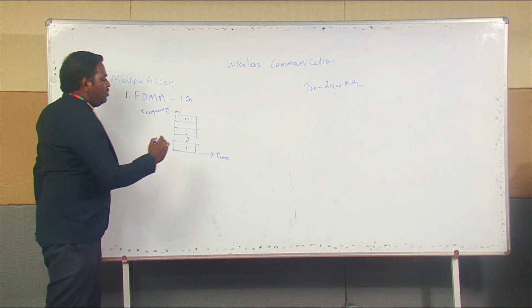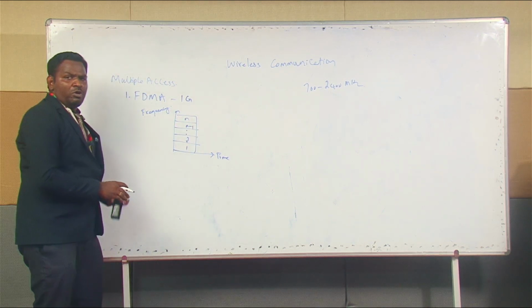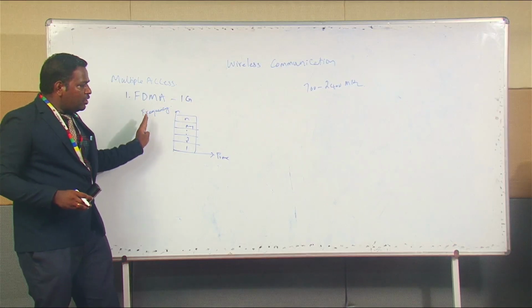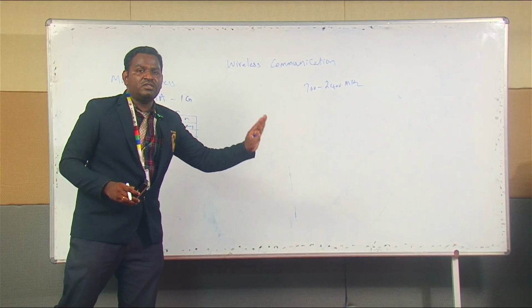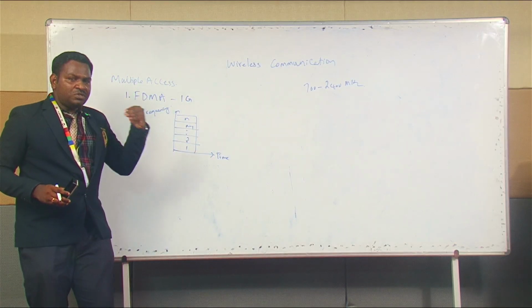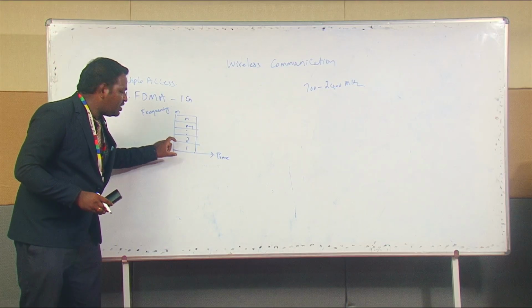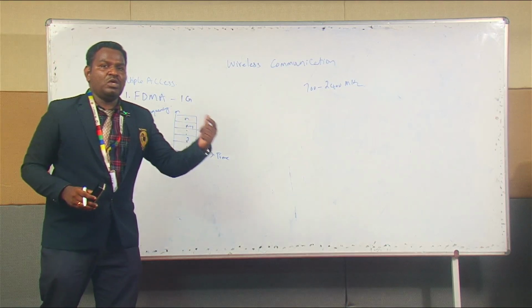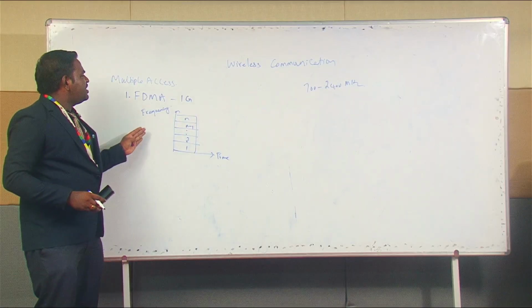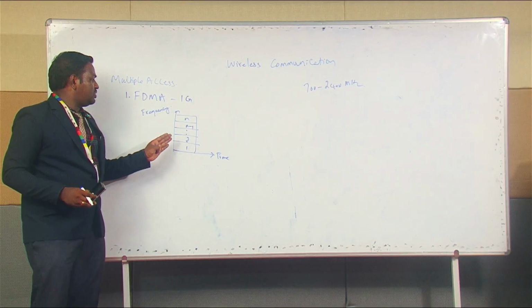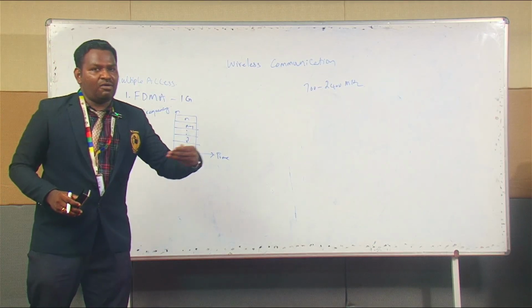These non-overlapping subchannels are allocated to a user only when there is a request from the user. When the user requests a channel from the base station, a particular subchannel will be allocated to the user. This is just an extension of your FM.